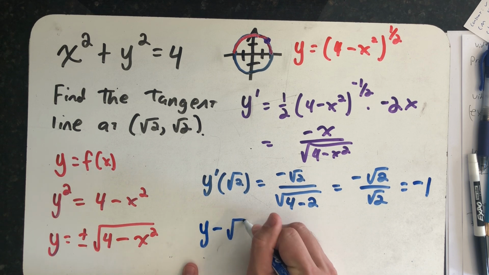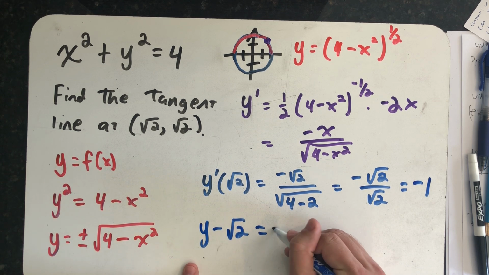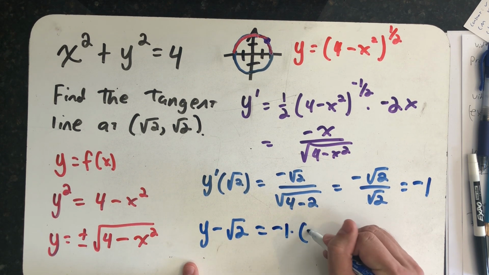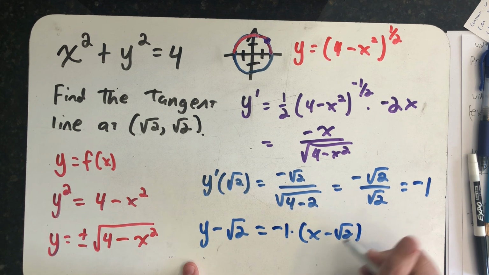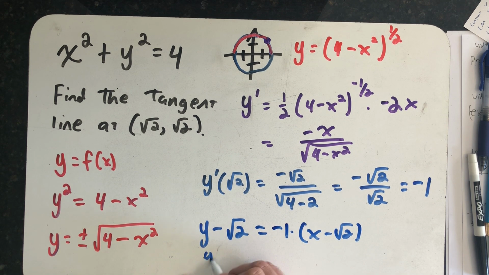Using point slope, I can find the tangent line. Let's see, y minus root 2 equals minus x plus root 2.